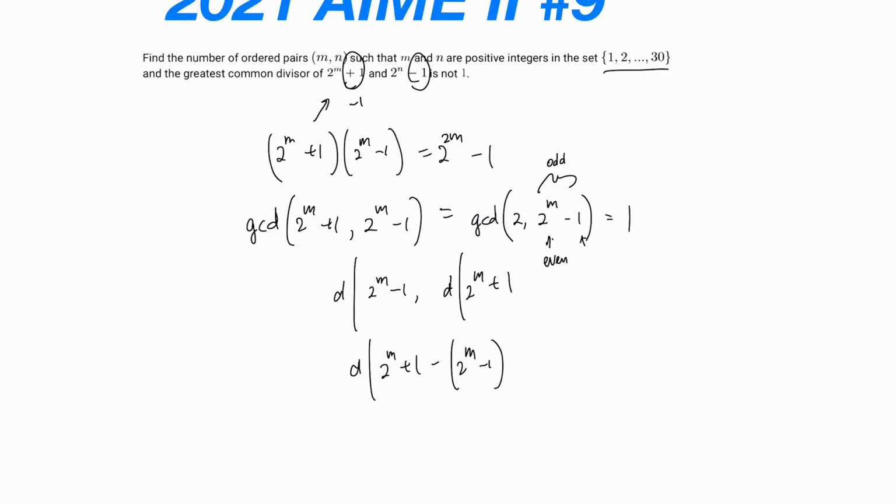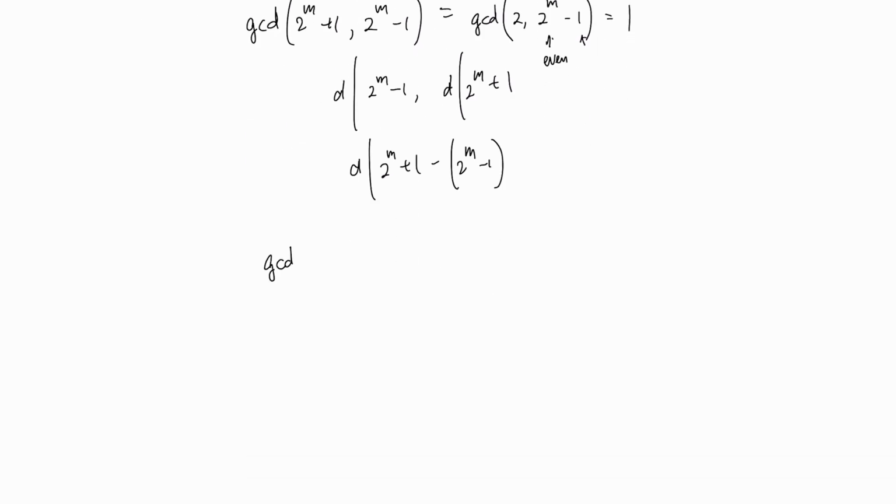Now, let's take a look at our original problem statement. It states that the GCD of 2^m + 1 and 2^n - 1 is greater than 1.